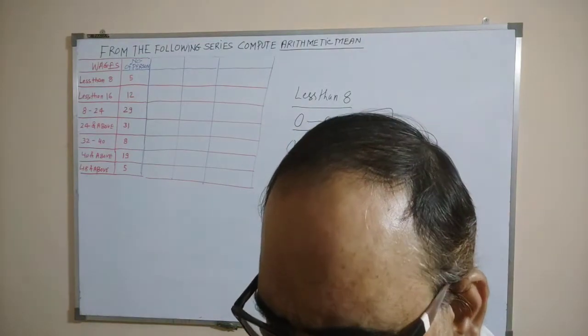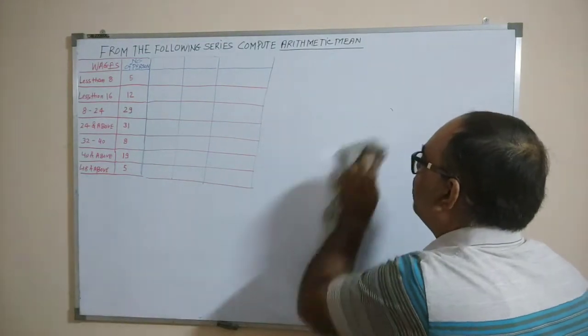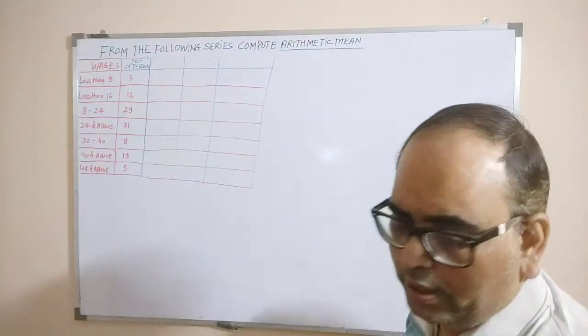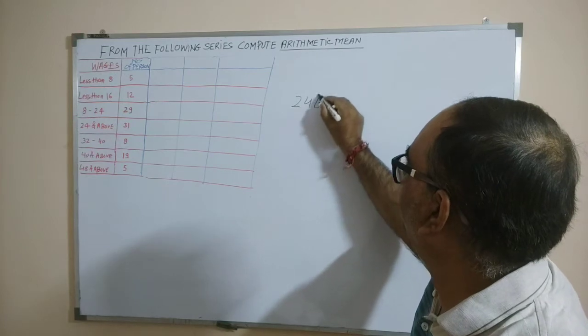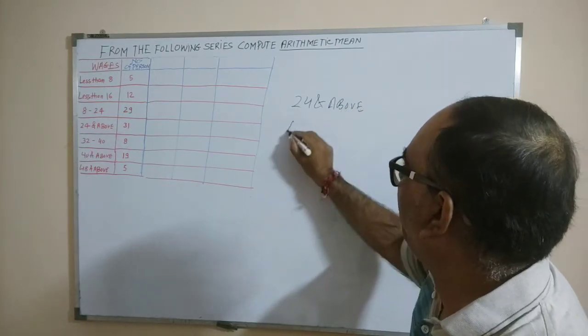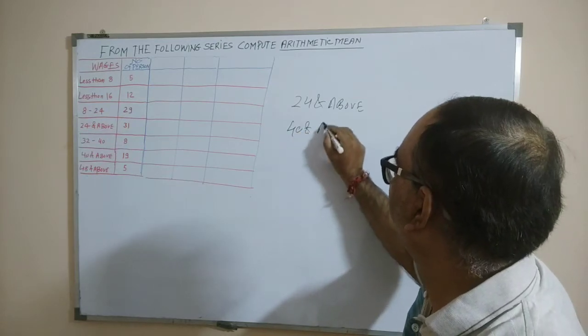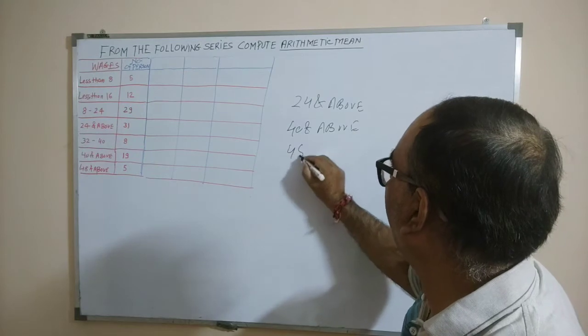Moving further, now we need to solve what will come in place of above. Three times above is used in the question: 24 and above, then 40 and above, and then 48 and above.